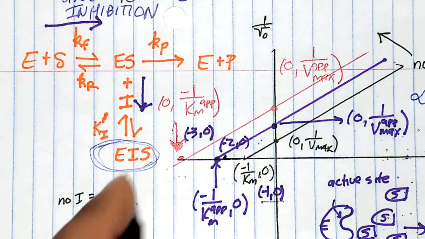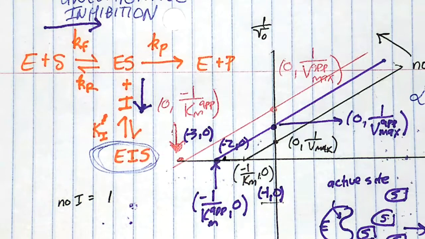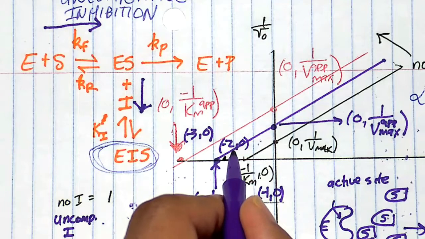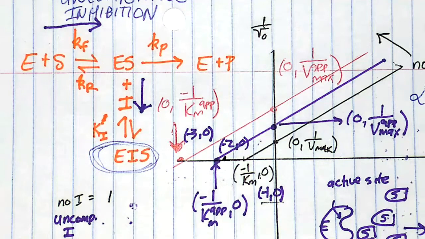This is -2, 0. So with the purple uncompetitive inhibitor, we will do the negative reciprocal of -2. The negative reciprocal of -2 is 0.5.